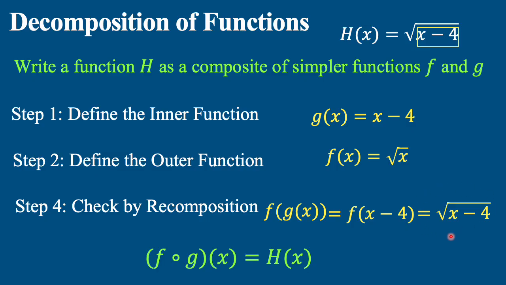That's exactly h of x. Now, can you see that? f of g of x is h of x. You composite the functions. The original function is h of x, square root of x minus 4. You find the inner function and outer function. Then when you composite f of g, you get the original function.